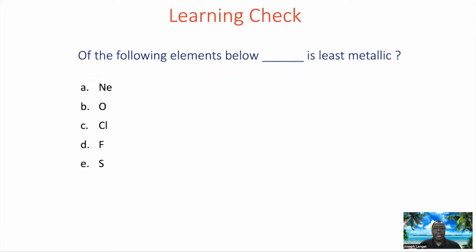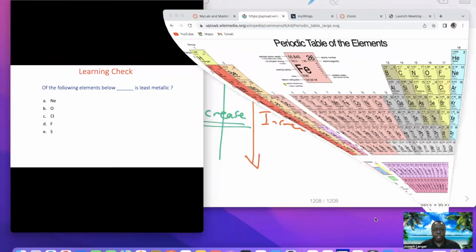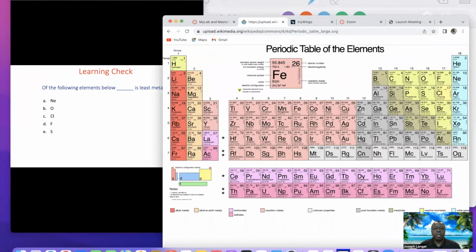Of the following elements below, which has the least metallic character? How will you answer this? You cannot memorize all the metals and all the non-metals on the periodic table, but you have this so that you can answer the question by eyeballing. Remember, as you move from left to right, the metallic character decreases. So moving from right to left, metallic character increases.